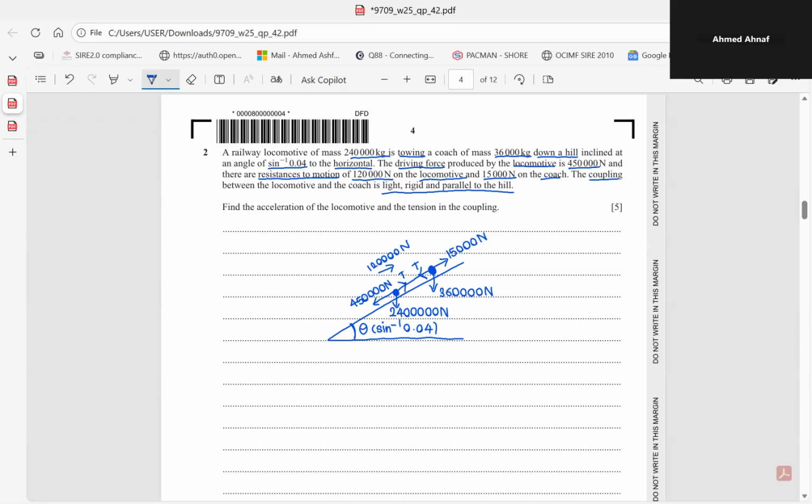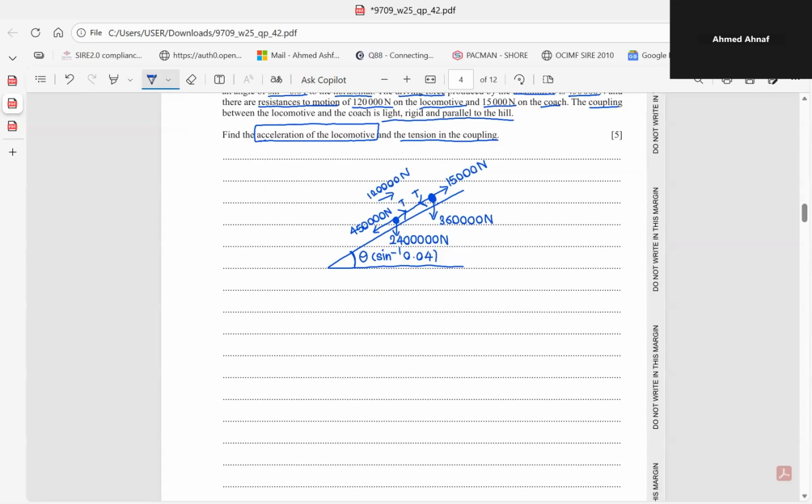Okay? Yeah, so using all this, we need to find the acceleration of the locomotive, which we can rephrase as the acceleration of the entire system, and the tension in the coupling, or T. Okay, so first let's try to find the acceleration of the locomotive.